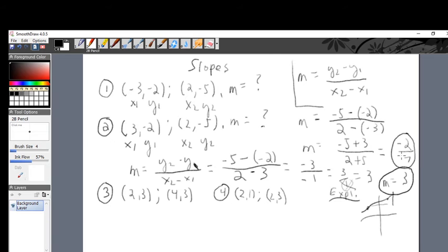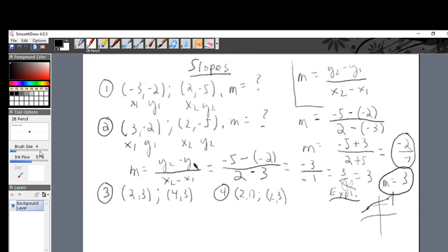The y part is the altitude, the up and down, and the x part is the across, left and right. The slope is like a ski slope. We're trying to measure how steep the slope is between the 2 points. That's what we mean by slopes. That's what we were doing over here. We were measuring the slope between these 2 points. And now we've got 2 more that we have to measure.